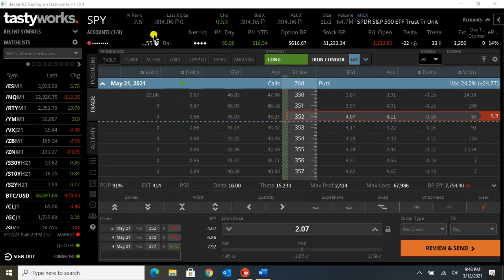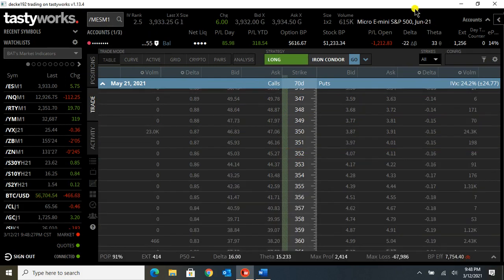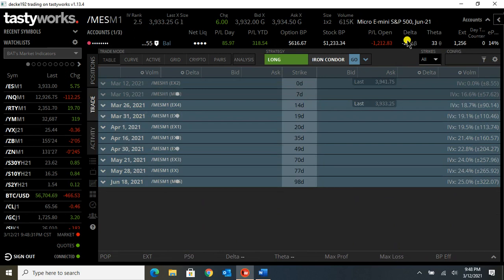So there's actually a product, /MES, which is the micro E-mini S&P 500, and that controls 50 shares of SPY. So with options, if we do 2 MES, that's the equivalent of 1 SPY.